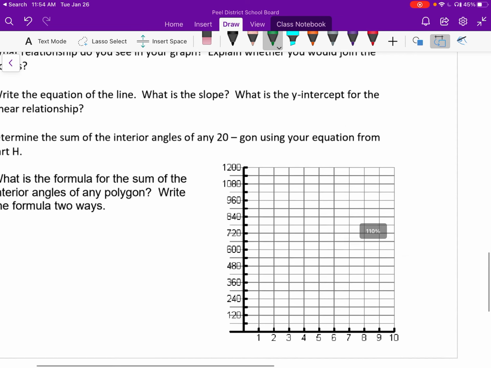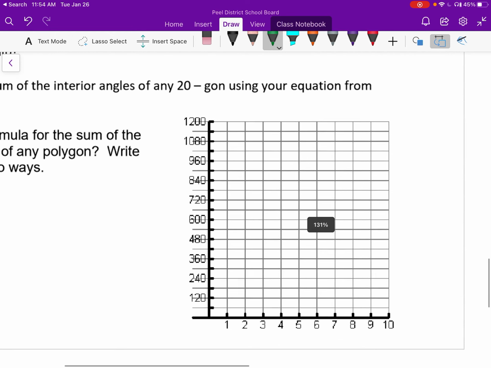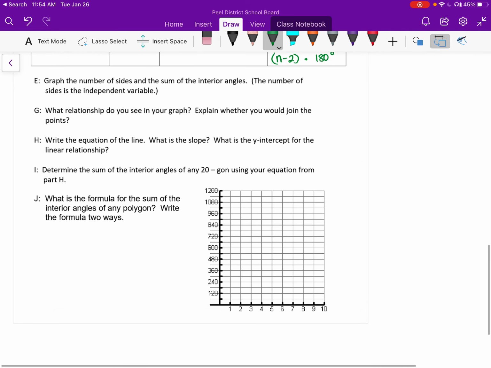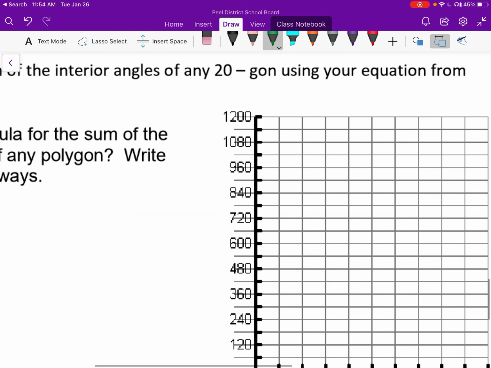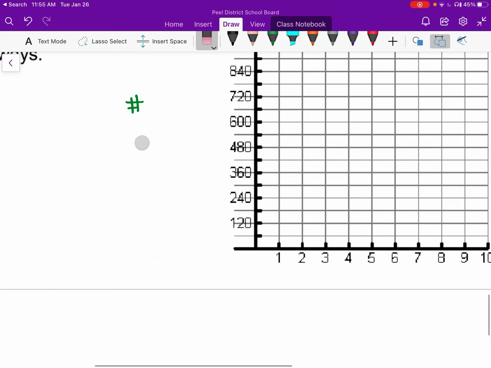I have the same chart open on my computer, so I'm just going to use that and graph them. Here I'm just going to label my diagram. The bottom one is always the independent variable, which is the number of sides, since this thing was changing.